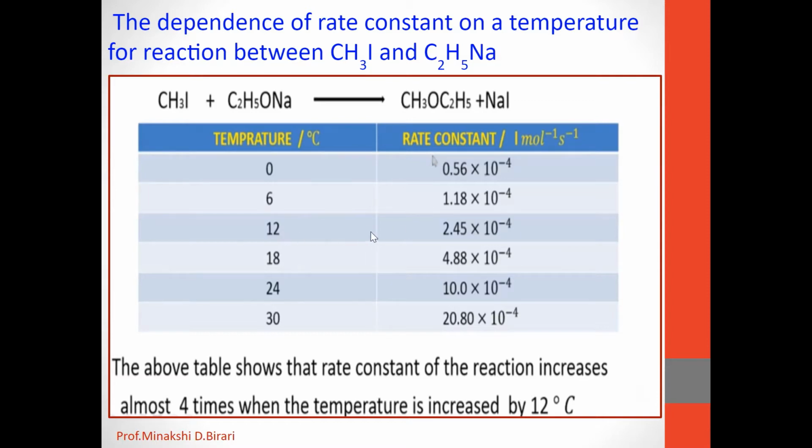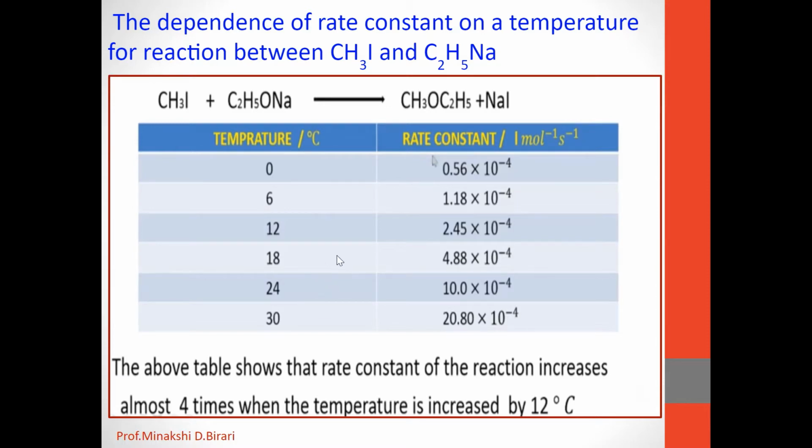At 12 degrees Celsius it is 2.45 into 10 raised to minus 4. For 24 degrees Celsius it is 10 into 10 raised to minus 4, and for 30 degrees Celsius it becomes 20.80 into 10 raised to minus 4. So there is an increase in rate constant with increase in temperature.